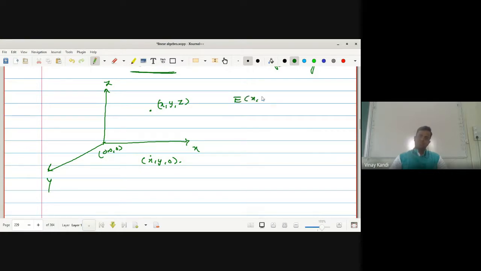E of x y z is equal to x y 0. Okay, this one is also a projection. The matrix of E with respect to beta, the standard ordered basis 1 0 0, 0 1 0 and 0 0 1. ओके, हा मॅट्रिक्स काय येईल माझा? डायगोनल मॅट्रिक्स आहे. ओके, चेक करते एवढं.